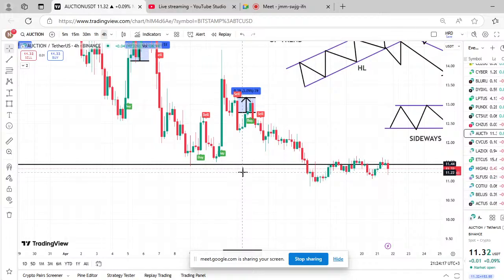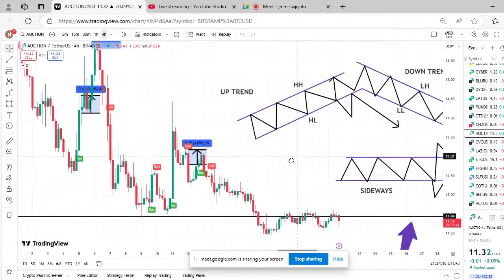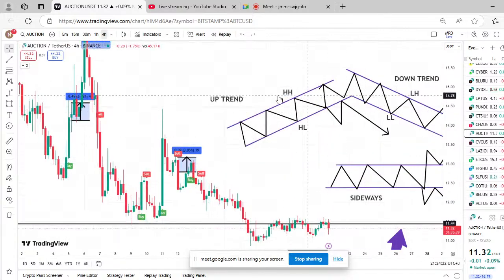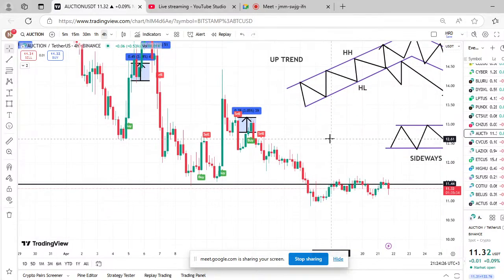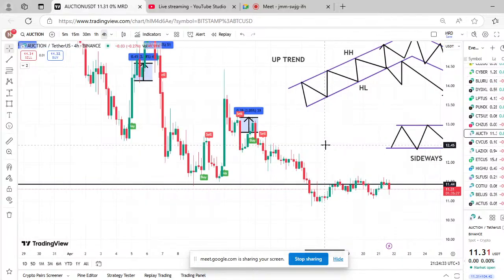Are you seeing now that everything is based on these structures? The uptrend, downtrend, and sideways. Even though you know many indicators, over 100, there is no way you can use the indicators without knowing the market structure. At times, an indicator may be saying buy, please buy.